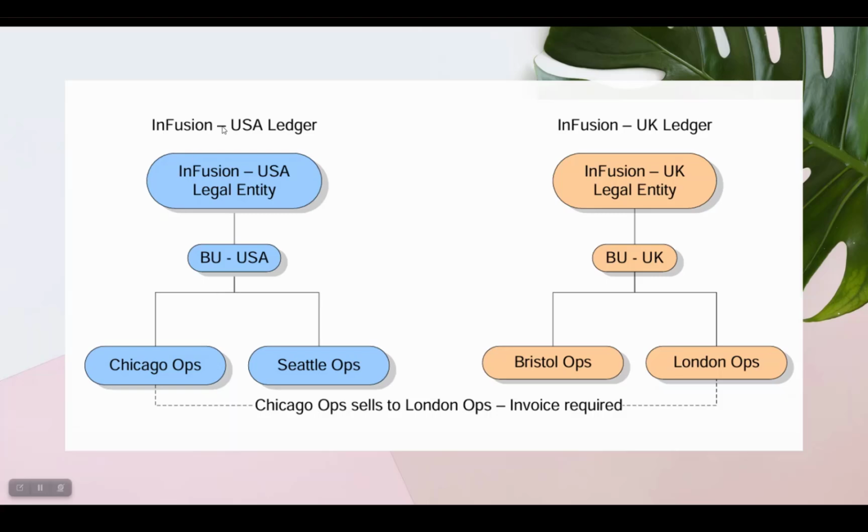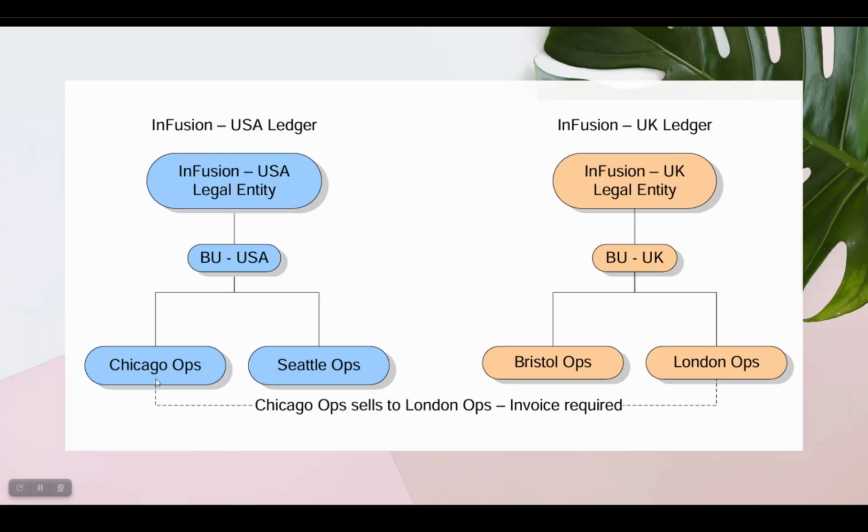For example, here you have two ledgers, USA ledger, UK ledger, legal entity, business units, operating units, or whatever, and for this ledger and for this ledger. To make any transactions, any intercompany transaction between this and this through intercompany invoicing.